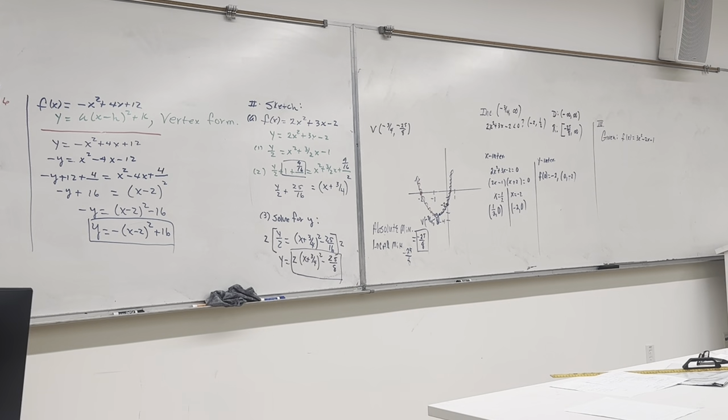Without me graphing all the details, just based on what you see right now, would you expect the graph of this quadratic to open up or down? Why? Because there's no minus sign out front on that leading coefficient, so there's no reflection, it's not flipped over. It's just gonna open up.